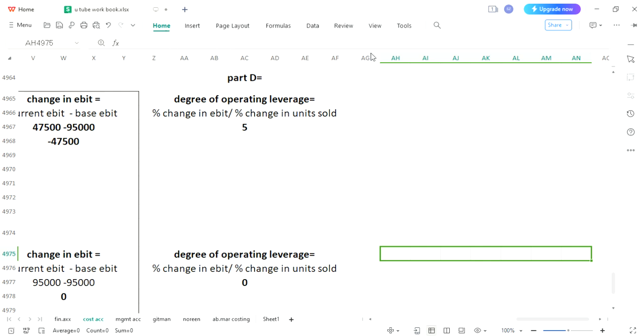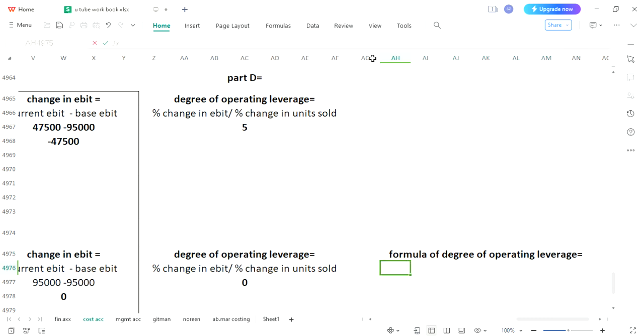Your attention is utterly required. Formula of degree of operating leverage: for this, you simply see how much is your contribution margin and how much is your net margin.